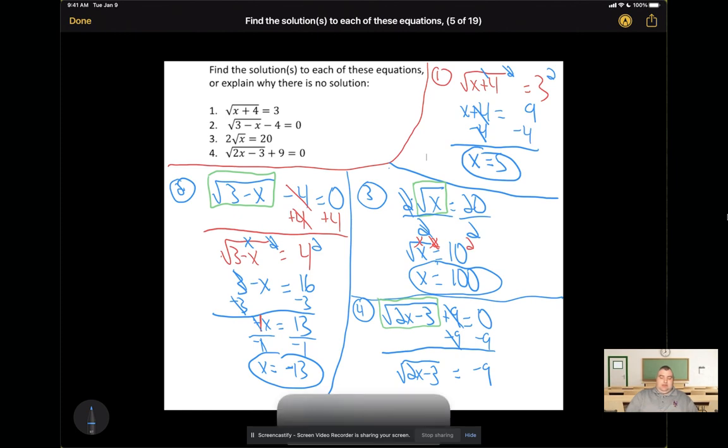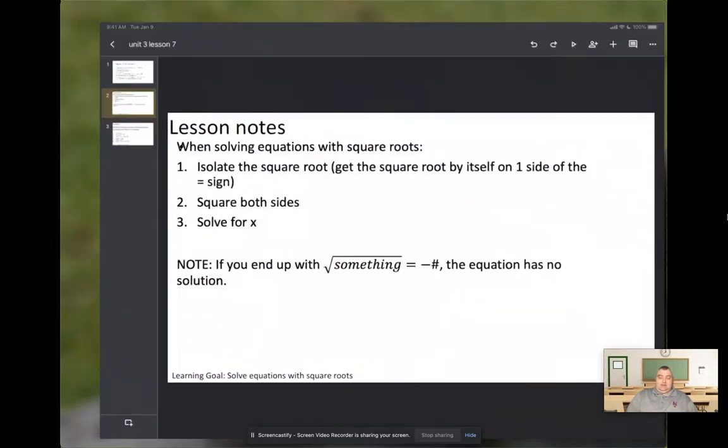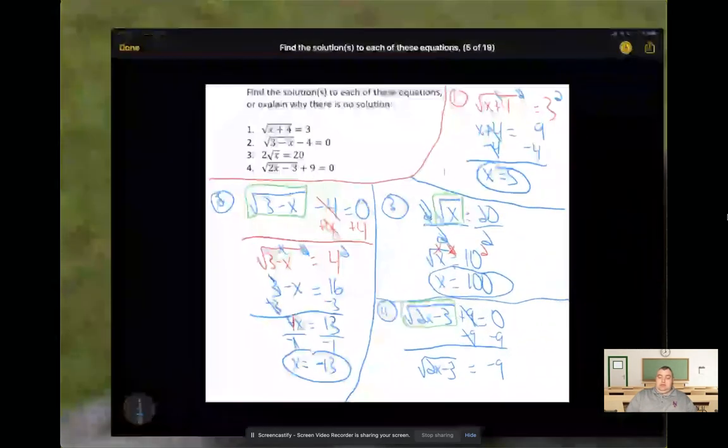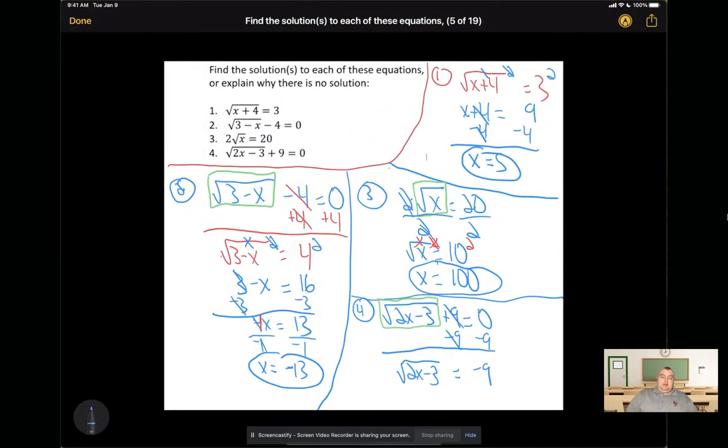If I go back to my lesson notes, remember I've mentioned this numerous times: if you end up with the square root of something equals a negative number, the equation has no solution. In number 4, I attempted to solve and ended up with the square root of something equals a negative number, and we know that we can't have a positive square root equal to a negative number.